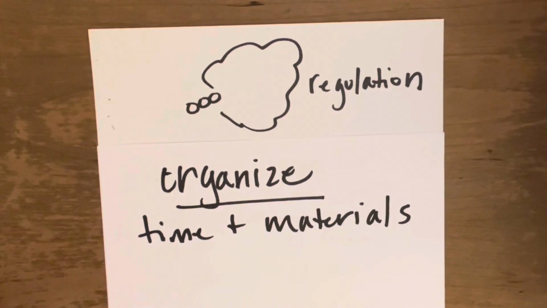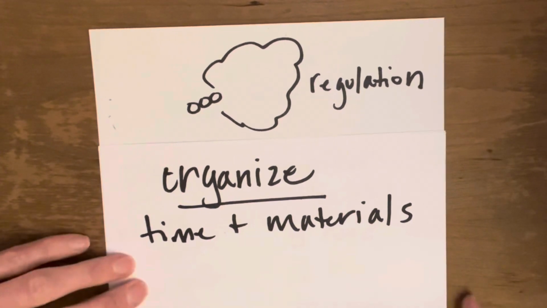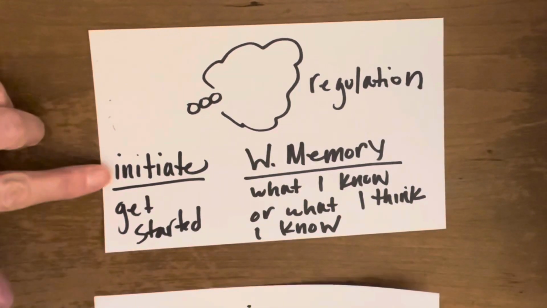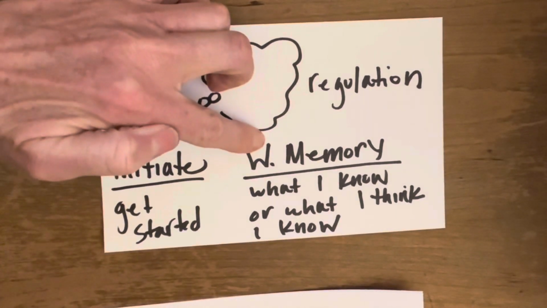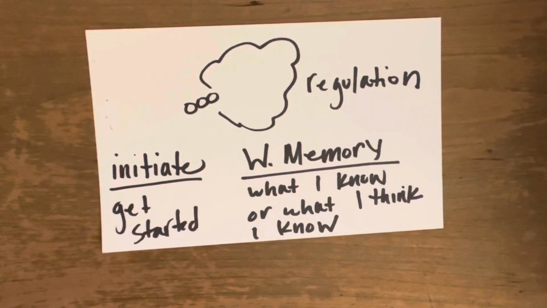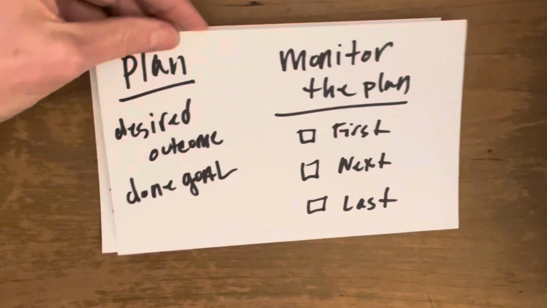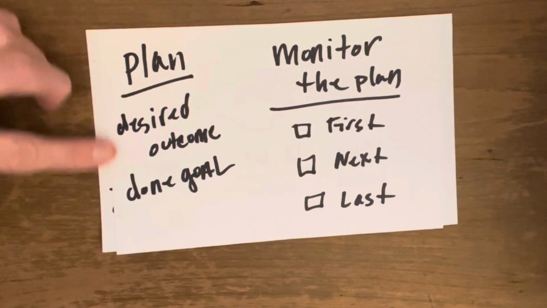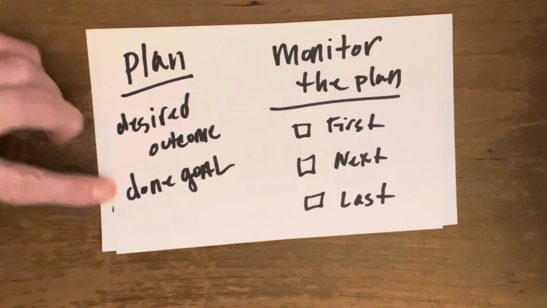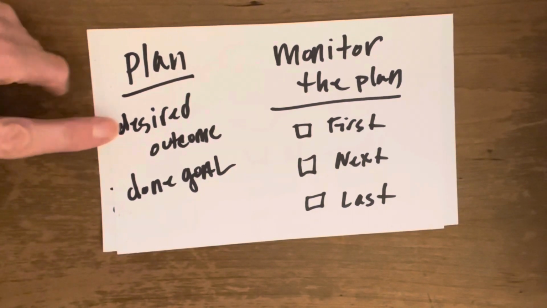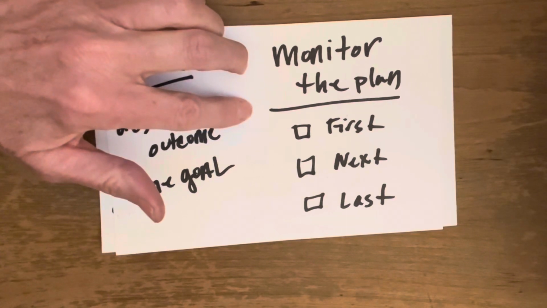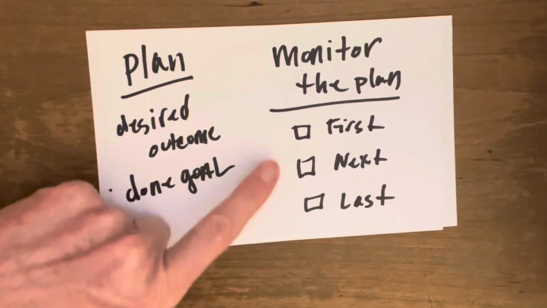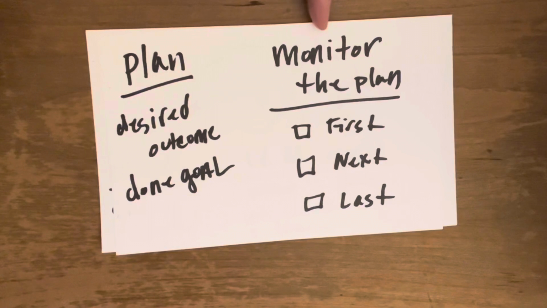to execute my plan? So thinking regulation, getting started, using or accessing what I know or think I know, having a plan, so having a done goal, like what's the desired outcome, what are the steps to that plan, or planning could include those steps, but then executing, monitoring the plan to completion.